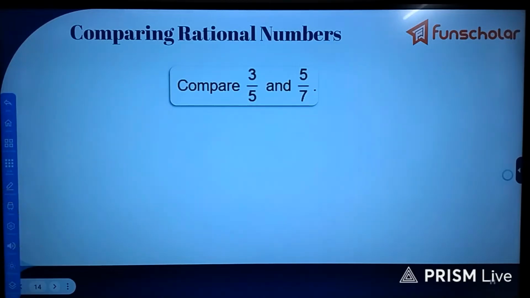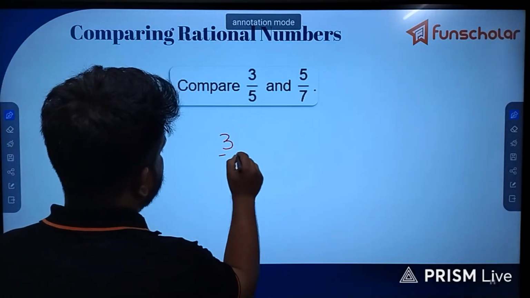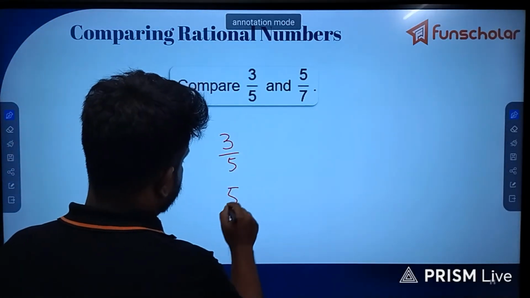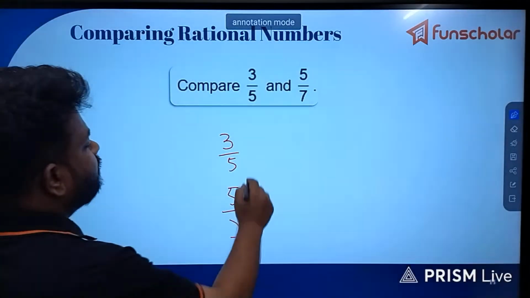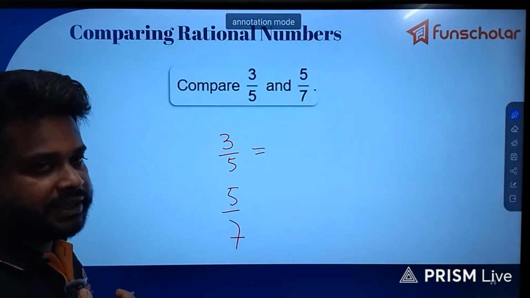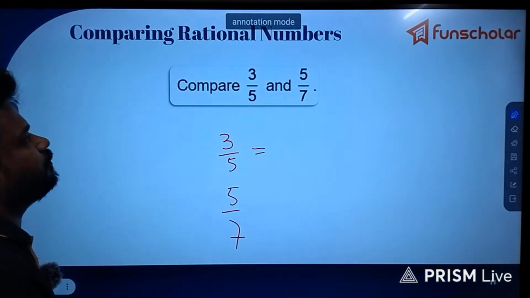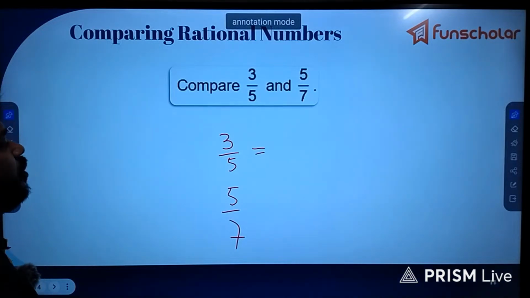For this comparison we have two positive numbers, that is 3 by 5 and 5 by 7. If you want to compare these two, there are many processes by which you can do it. The first one is the decimal process.